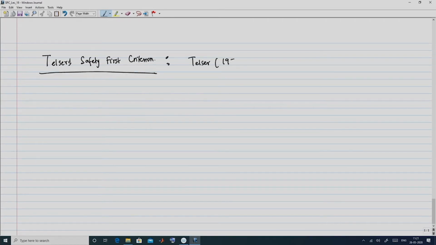Telser in 1955 proposed this criterion, which is based on the assumption that rational investors maximize the expected return, as is the basic motivation for rational investors.